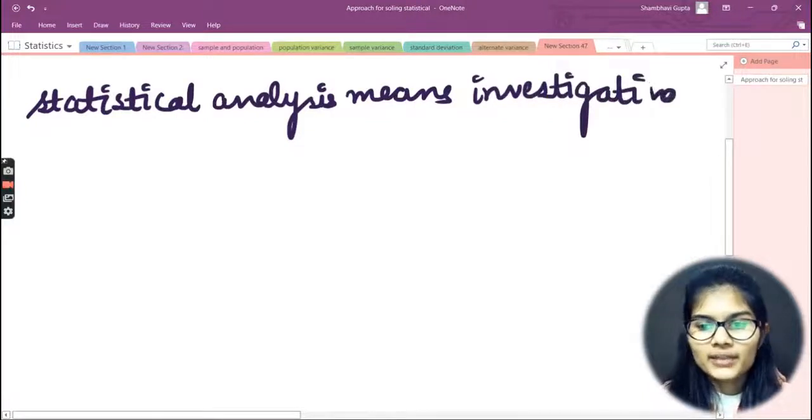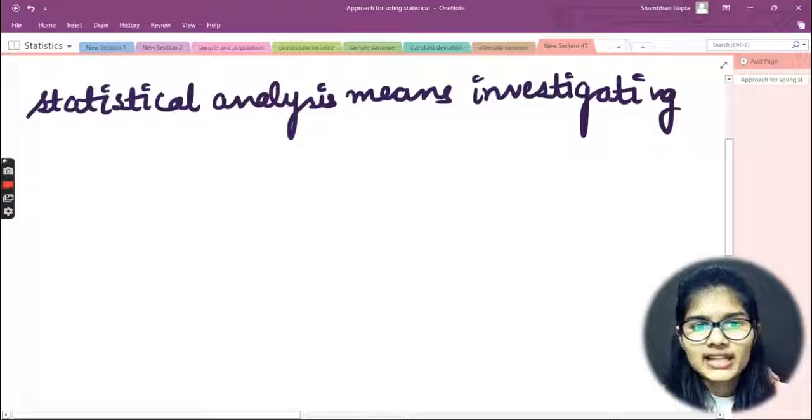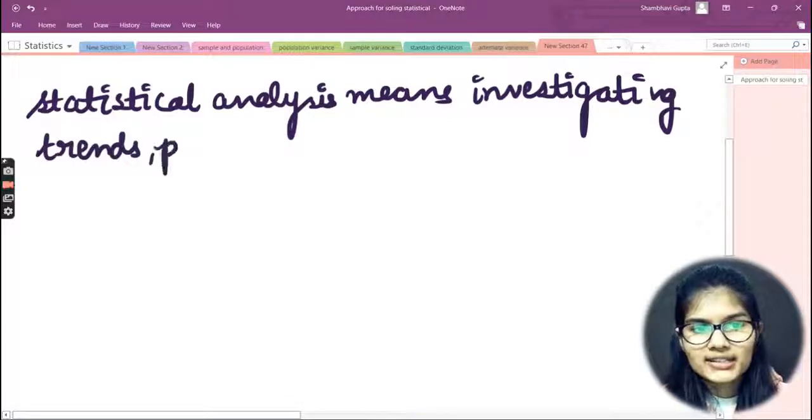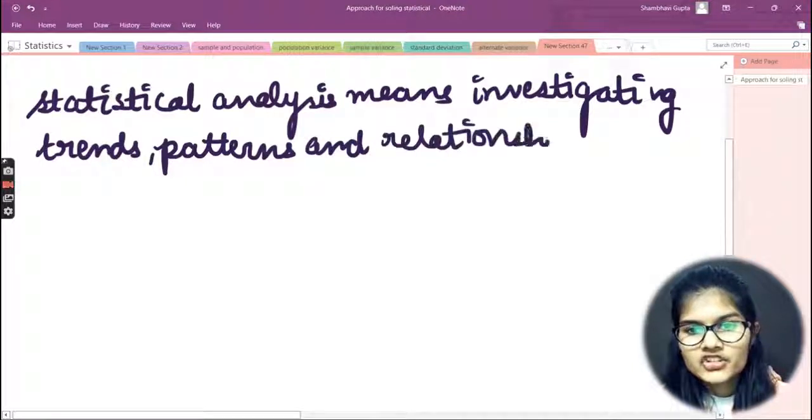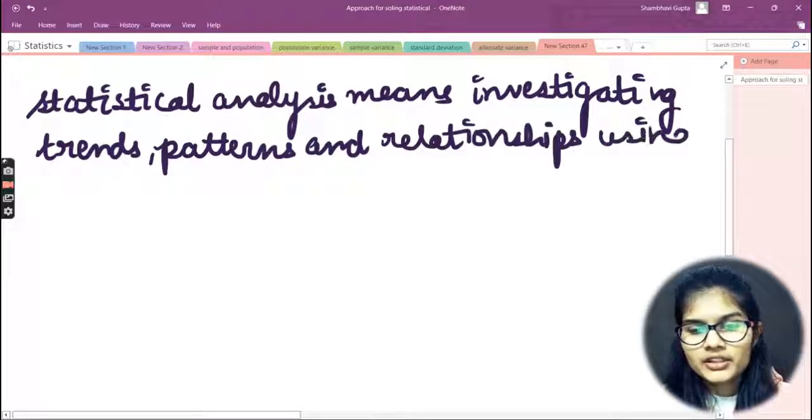Statistical analysis means investigating trends, patterns and relationships using quantitative data.